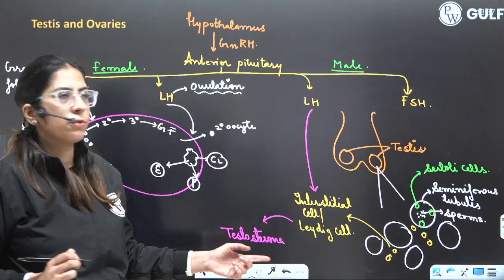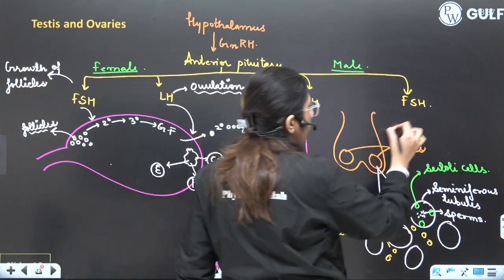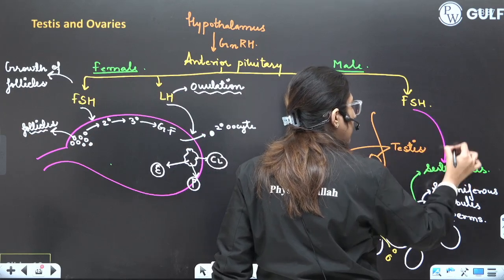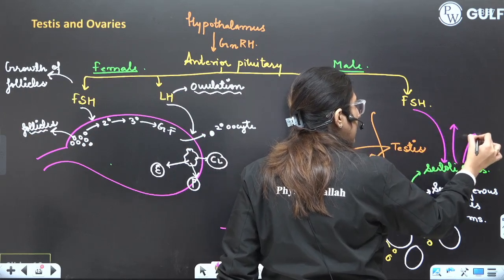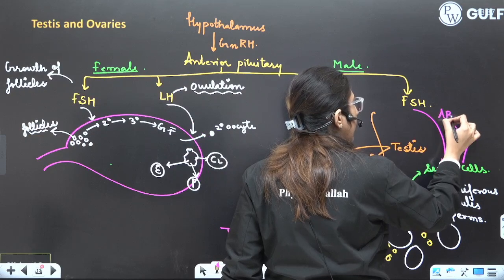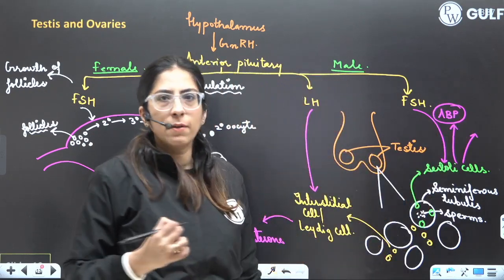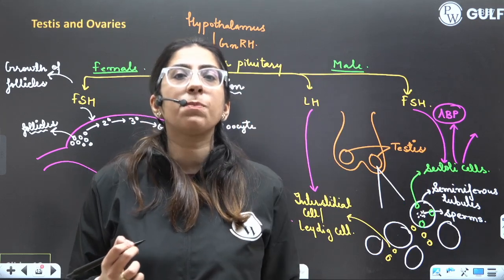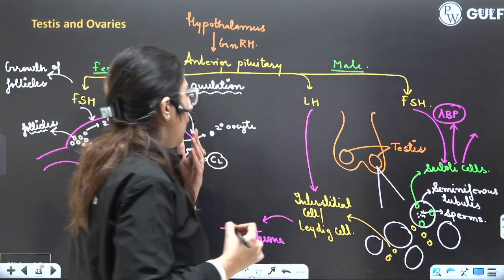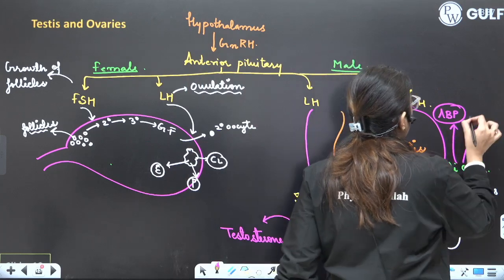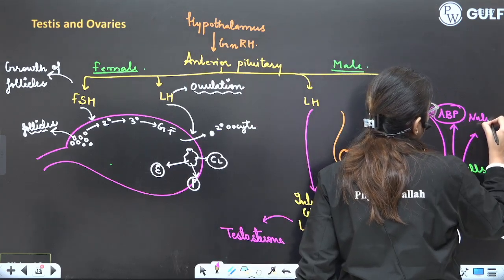Follicular stimulating hormone goes to the Sertoli cells, and Sertoli cells in response secrete ABP, androgen binding protein, which also secretes the sperm maturation factor. And along with that, it provides nutrition also to sperm.